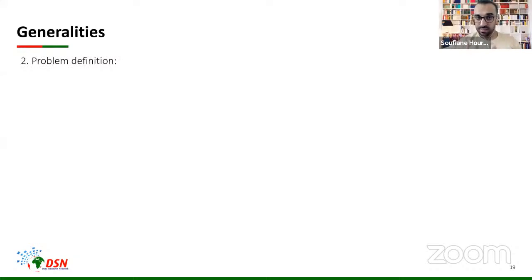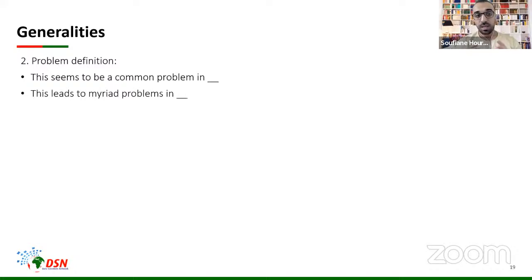Now, as I said, we need to define the problem. We can define the problem as you can see. This seems to be a common problem in computer science, natural language processing, medicine, chemistry, or something like that. This leads to myriad problems in, it depends on your domain.